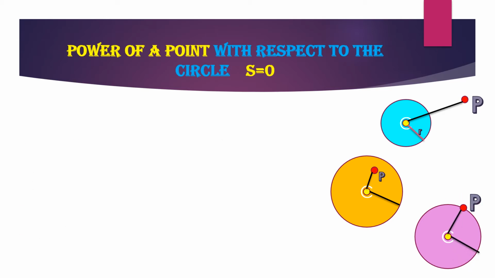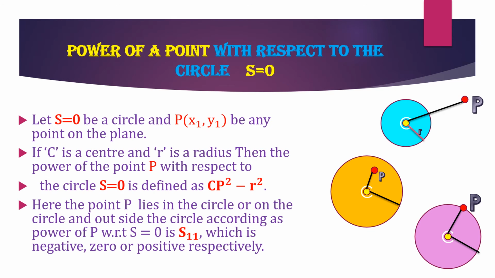Now suppose S equal to 0 is any circle and P(x1, y1) is any point, C is the center and r is the radius.